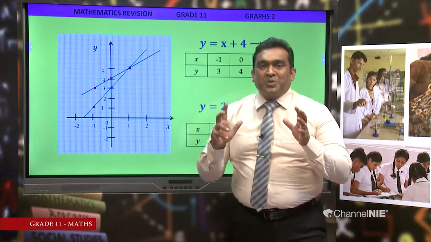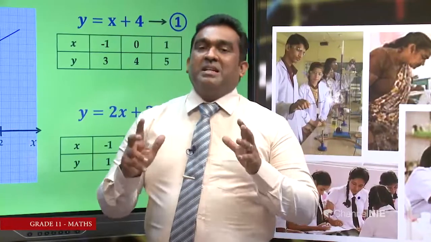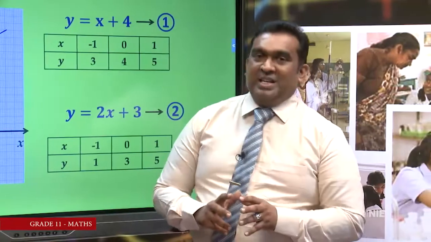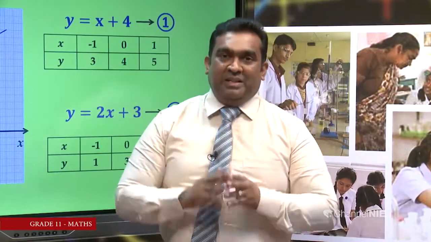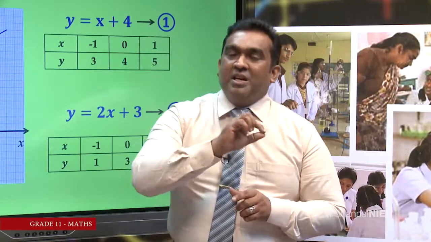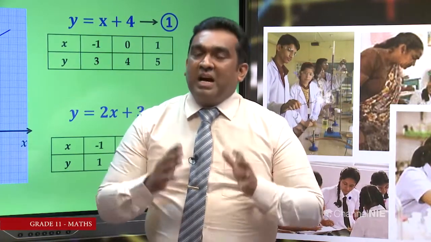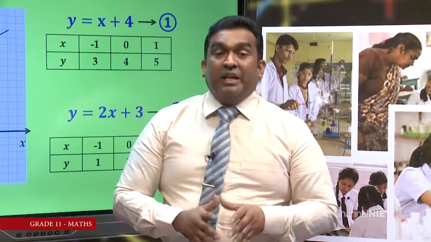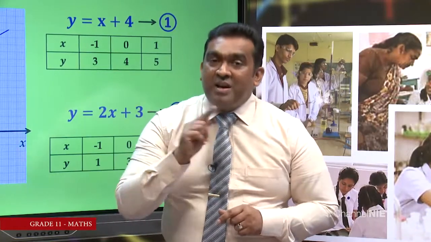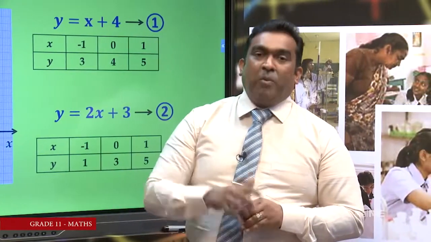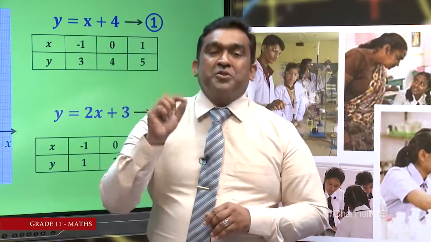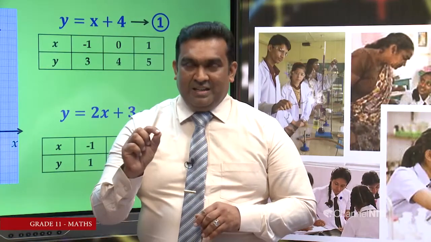If you want to solve a pair of simultaneous equations using the graphical method, the first step is drawing two straight lines in the same Cartesian plane. Then find out the common point of intersection of the two straight lines, right?